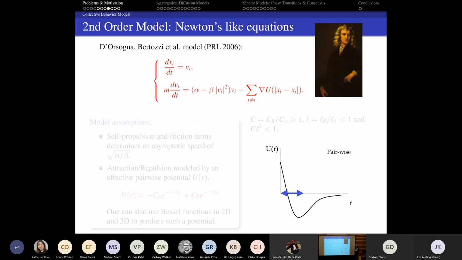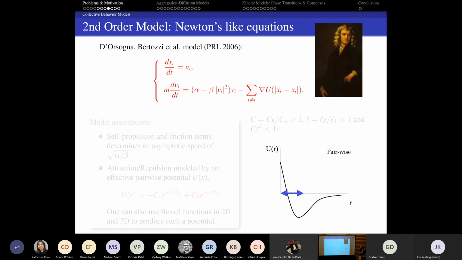Again, you have this potential, which is, in fact, where I'm going to introduce the attraction-repulsion between the individuals. So with the choice that I have here, if the function, as a function of the distance, is decreasing, this force is repulsive. If the function is increasing, this force is attractive. So this potential means that if I'm very close to you, I prefer to separate from you.